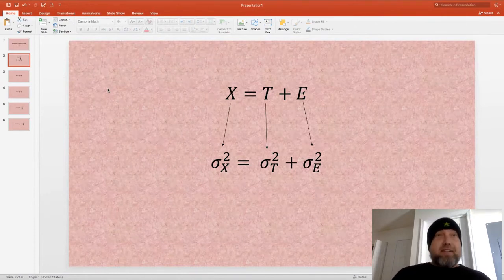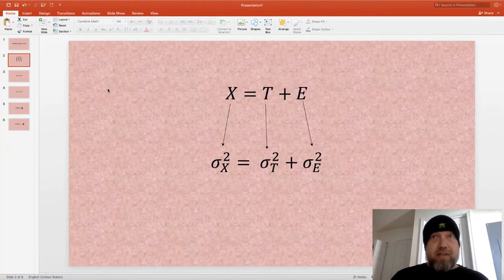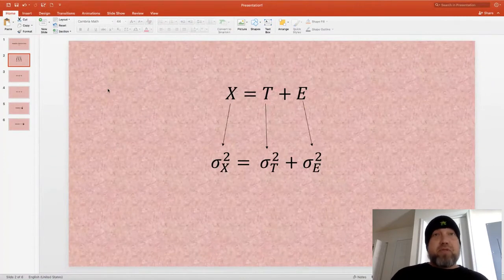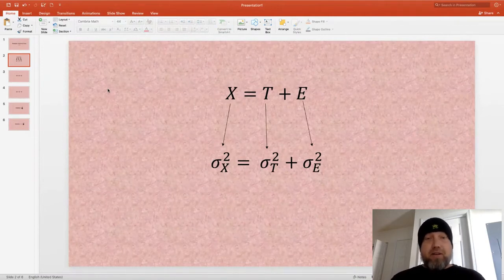Instead of X, I have my observed score variance. And instead of T, I have my true score variance. And instead of E, I've replaced that with my error variance. So this is just the same thing, except now my observed score variance is going to be composed of my true score variance plus my error variance.